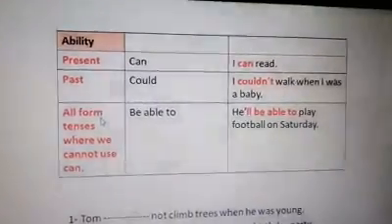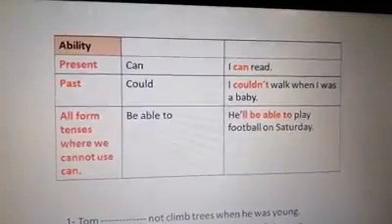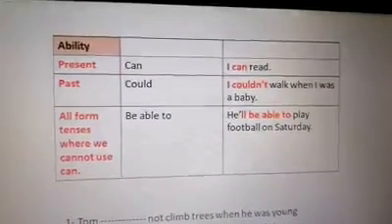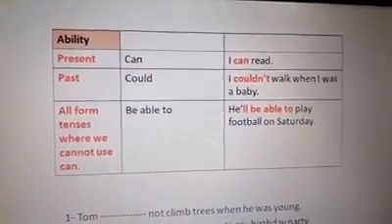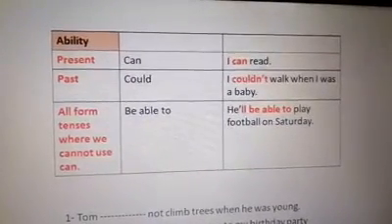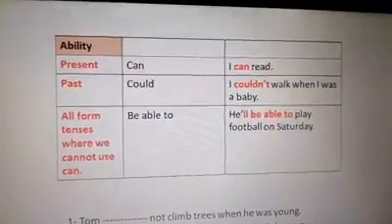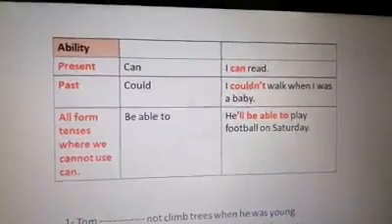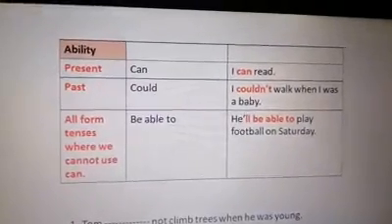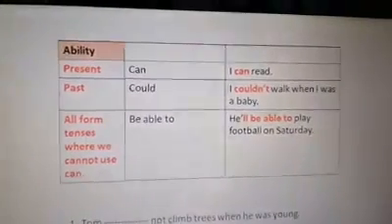Be able to, I can use it with all forms of tenses, where we cannot use can, which means instead of using can, I'm going to use verb to be plus able to. I will provide different examples to show you the meaning of using be able to in different tenses.